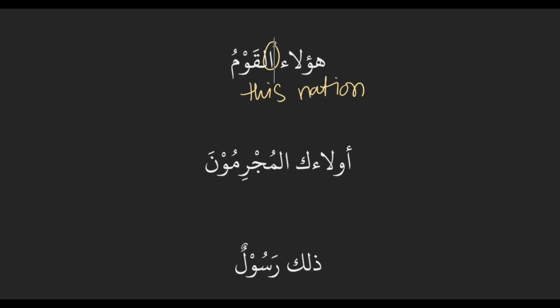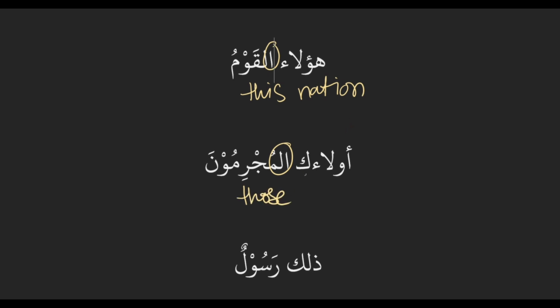So just translate the pointer based on what sounds natural, so based on what's coming after it. Okay. أولئك المجرمون. أولئك is a pointer word. المجرمون is a noun that has al on it. So it meets the conditions of a pointer fragment. أولئك is not these, it's those. Those, the criminals?